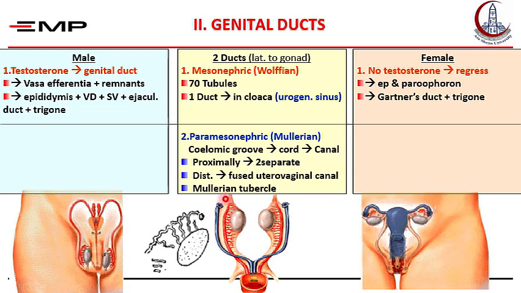All right. What does this mesonephric duct system give? At first, from the 70 mesonephric tubules, the middle ones will make the vasa efferentia, which are connected to the epididymis. They connect the rete testis with the epididymis. Some embryonic remnants remain.